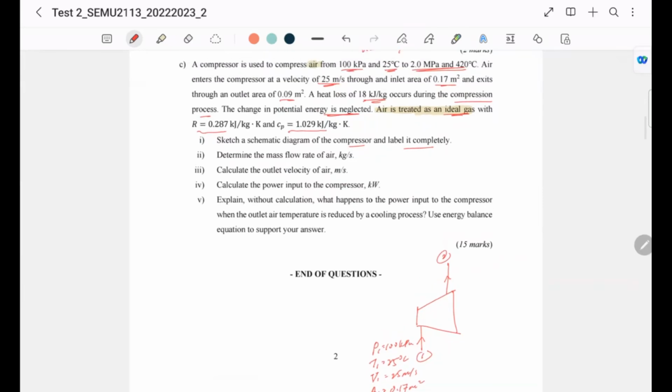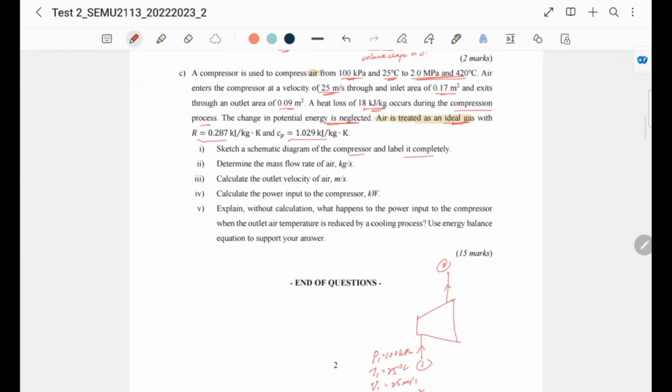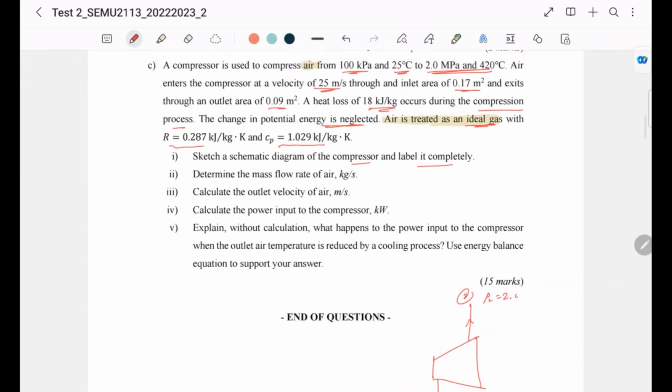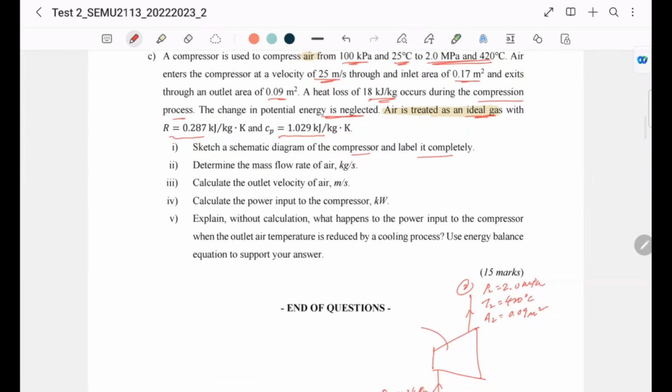The outlet state: P2 is 2.0 megapascal, T2 is 420 degrees Celsius, A2 is 0.09 meter square. And there's a heat loss, don't forget.